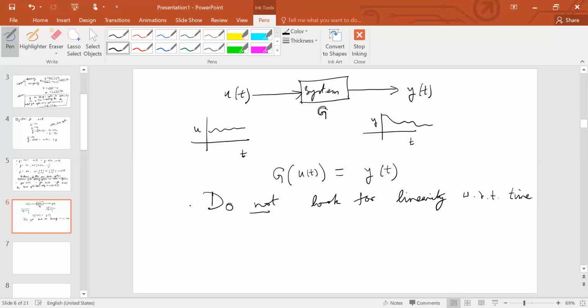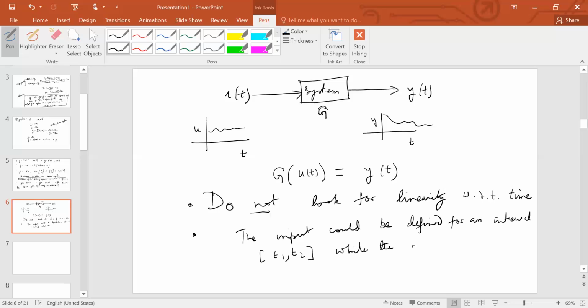The other thing, this is not a caveat as such. The input could be defined for an interval, say T1 to T2, while the output could be for some other interval, let's say T3, T4.